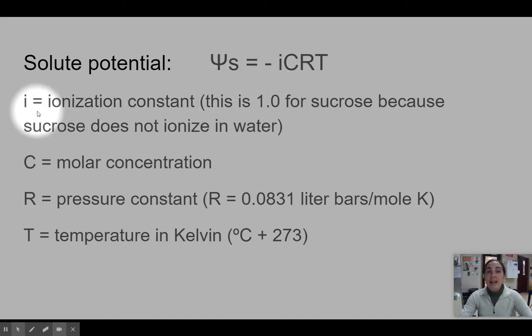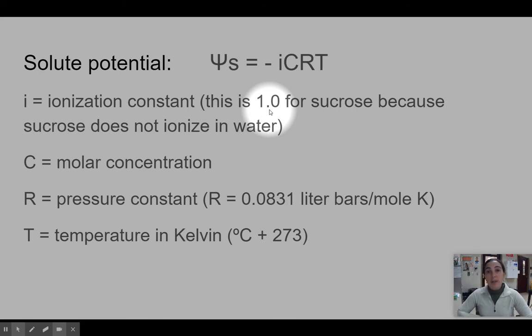I is what's called an ionization constant. That's different for each substance. Your equation sheet gives you the ionization constant for sucrose, which is equal to 1, because sucrose doesn't ionize in water. So many of the problems that you might see with this equation will talk specifically about sucrose.